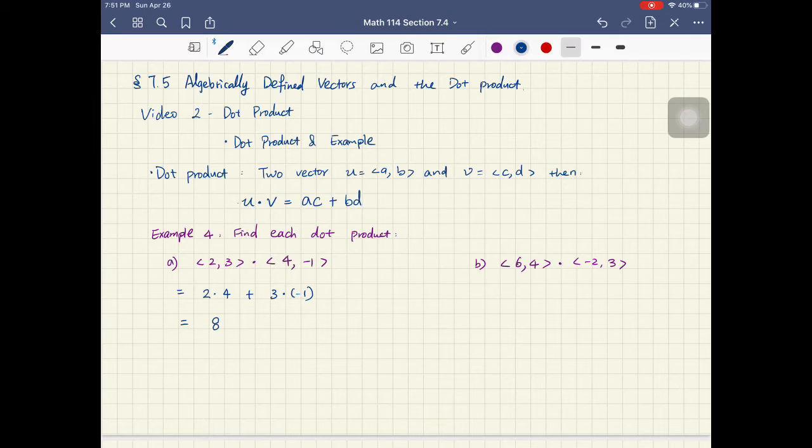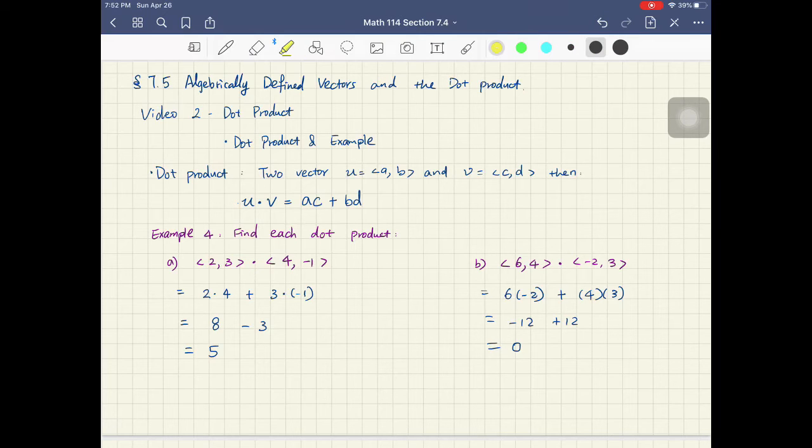So I get 8 minus 3, which is 5. You can see the final outcome is a number. For the second one, I have the two vectors 6, 4 and -2, 3, and we take their dot product. We get 6 times -2 plus 4 times 3, so -12 plus 12 equals 0. We got 0 as the final scalar.